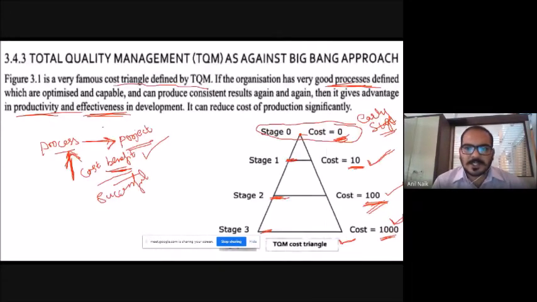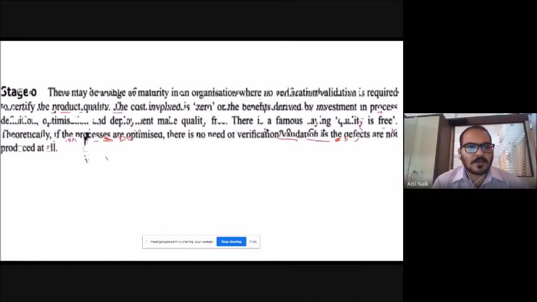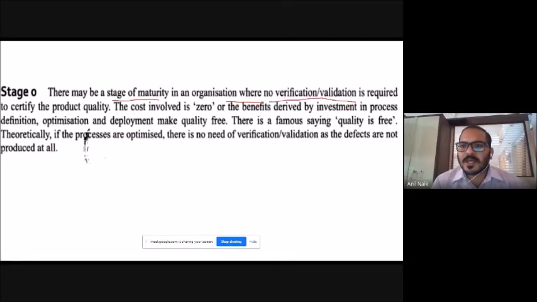As I already discussed the stages, stage 0, stage 1, stage 2, stage 3. At stage 0, there may be a stage of maturity in an organization where no verification or validation is required to certify the product quality. The cost involved is zero.